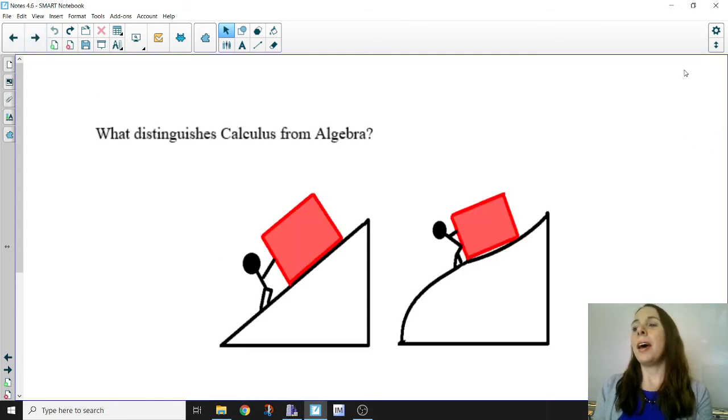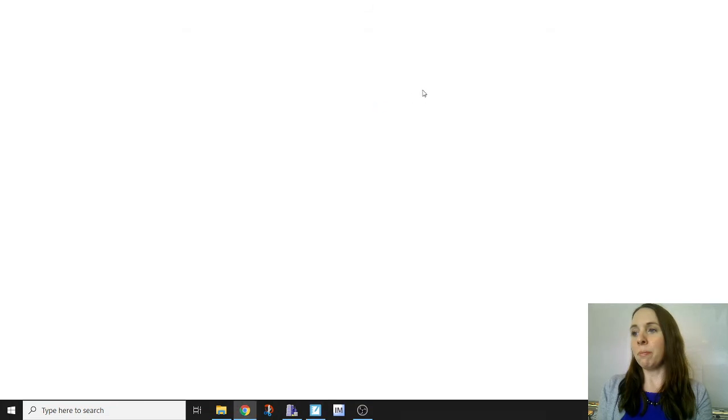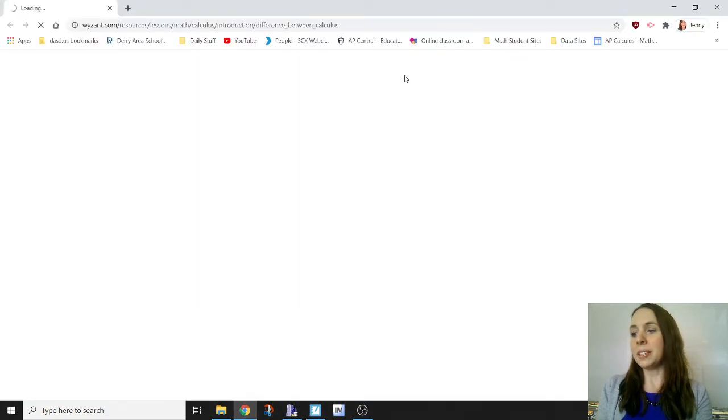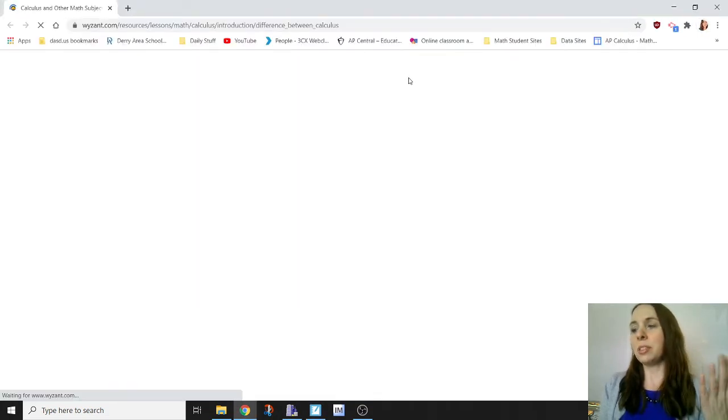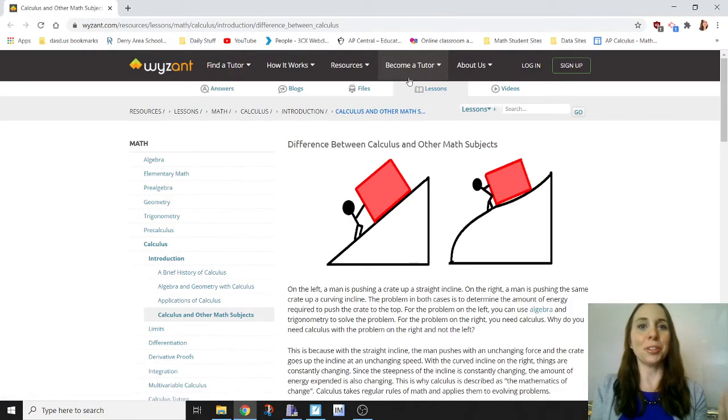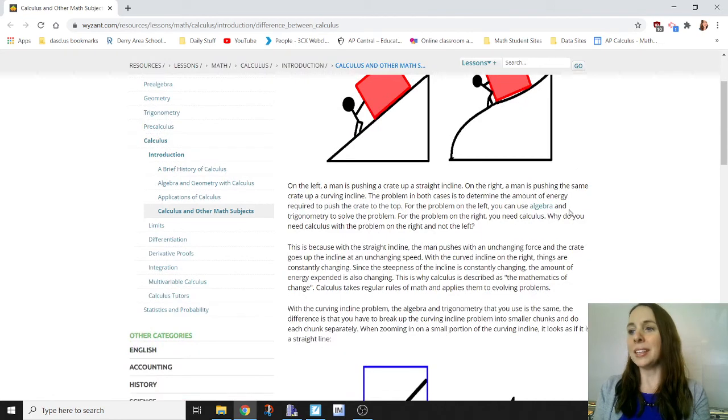Okay, the first question that we see on our set of notes is what distinguishes calculus from algebra? And that's a pretty loaded question. But for our purposes in this section, which I think I was so excited I forgot to say the name of, we're doing related rates here. This website has a pretty nice answer.